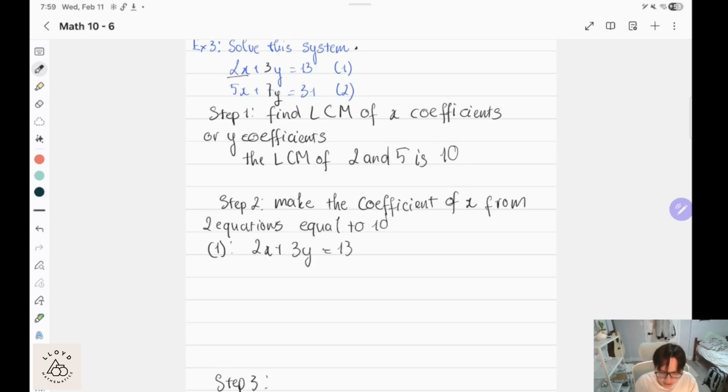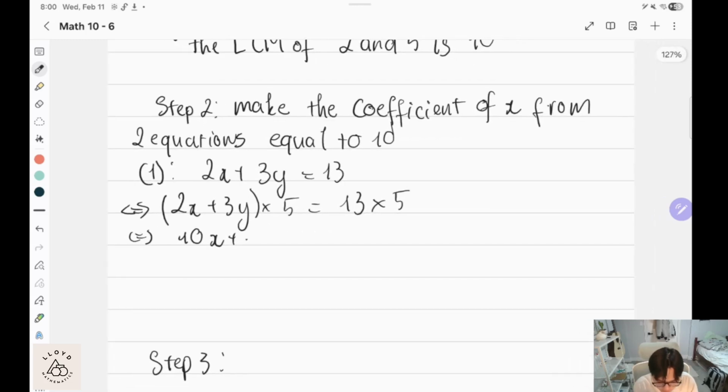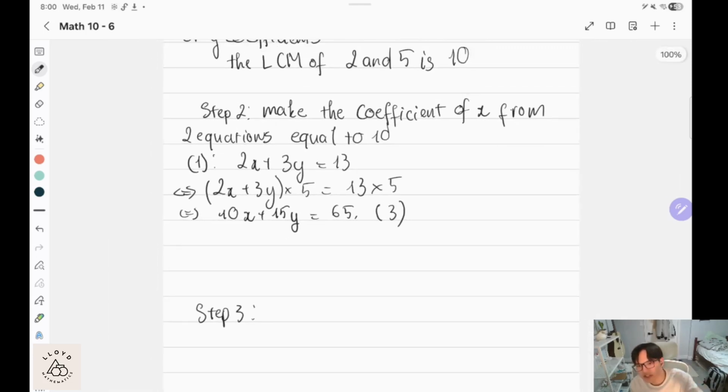How can I transform this into 10x? I multiply both sides by 5. So 2x plus 3y multiplied by 5, and 13 multiplied by 5. So I get 10x plus 15y equal to 65. I call this equation 3, the new equation.